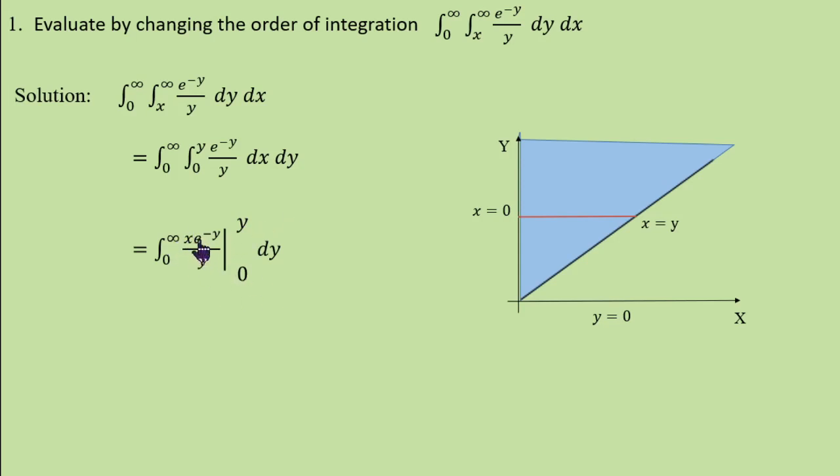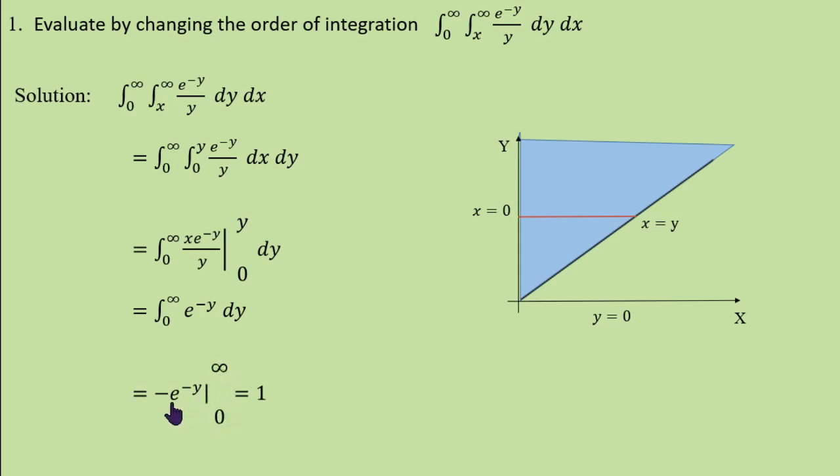The remaining term is e power minus y. Therefore, integrate e power minus y with respect to y from 0 to infinity. We know that the integral of e power ay is e power ay by a. Here a is minus 1, so it is minus e power minus y, with limits from 0 to infinity.